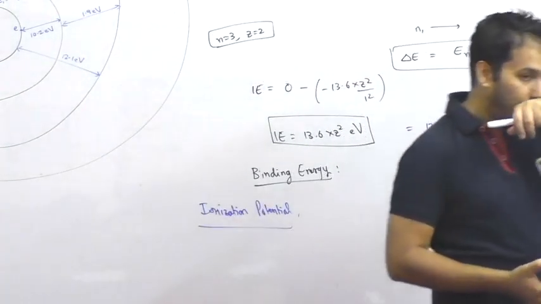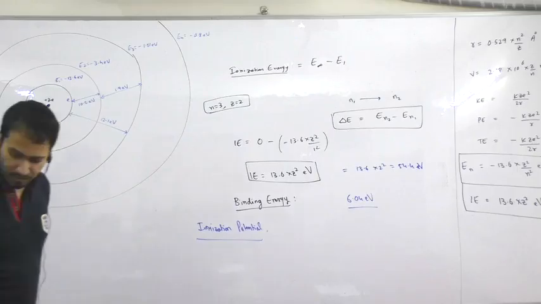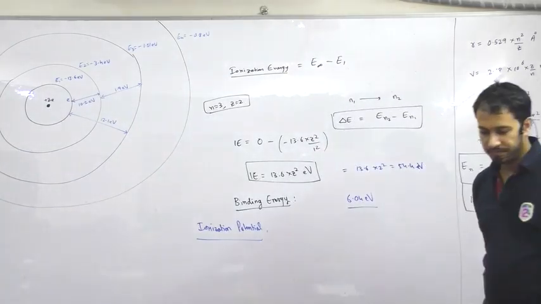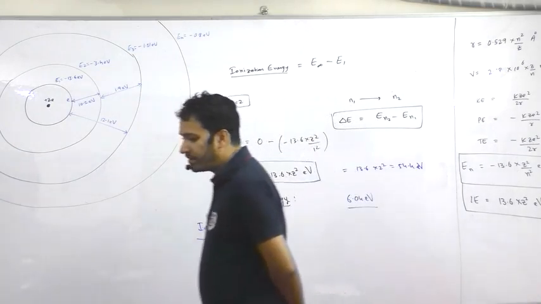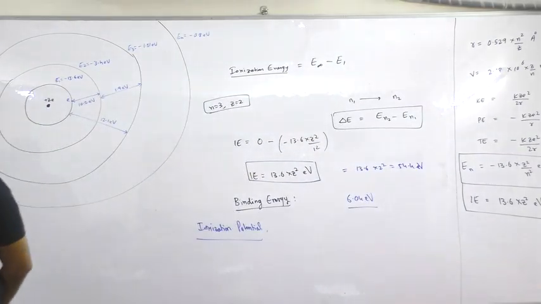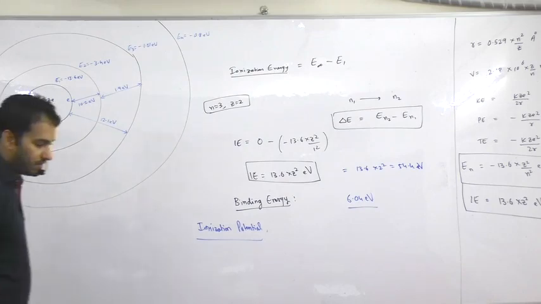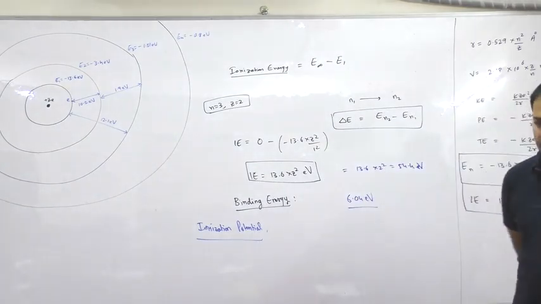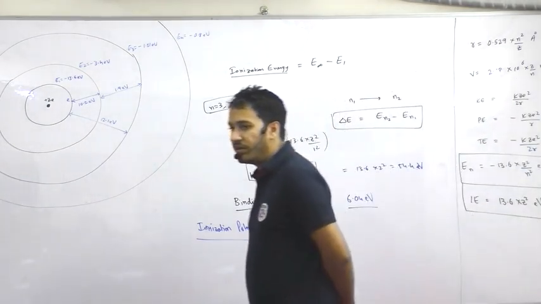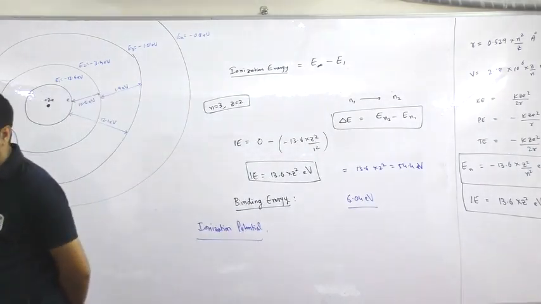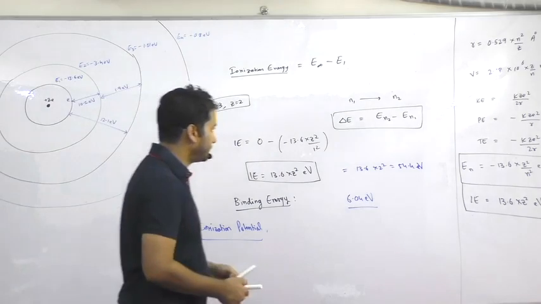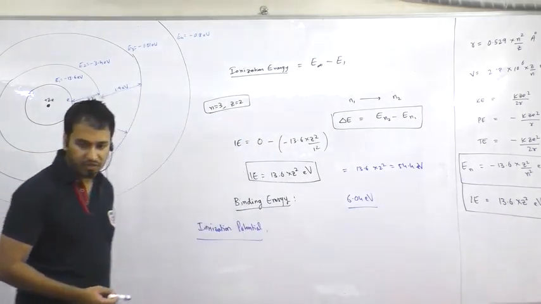The potential required to give an electron at rest a kinetic energy equal to the ionization energy is ionization potential.